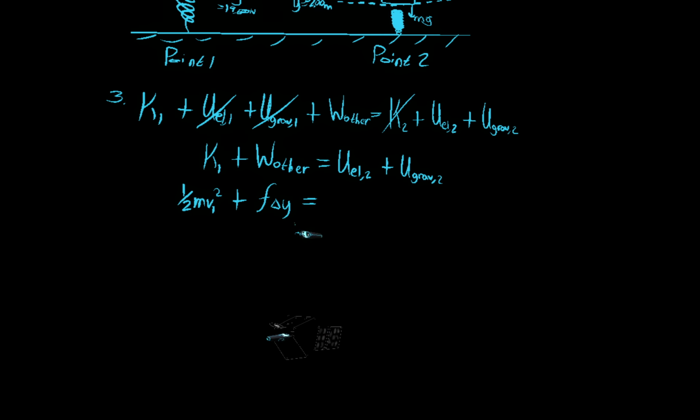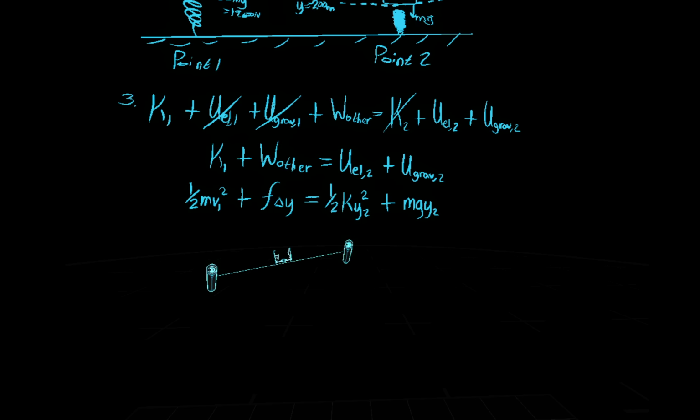That's why we've done it. And then elastic potential energy is 1/2 K, and it's y in this case, y2 squared. Right, x and y axis are interchangeable. It's just we're working in the vertical for this problem, so we use y. Plus mgy2. All right, there it is.